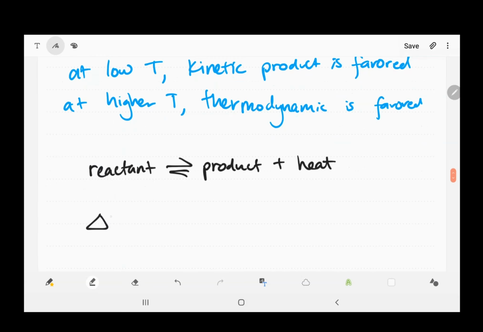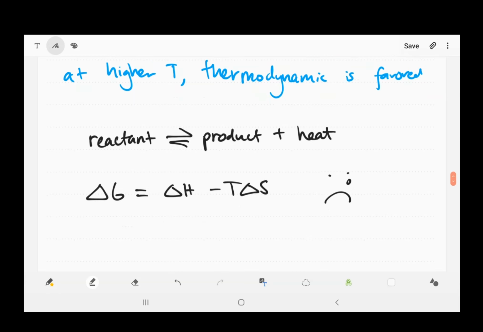Do you remember this? One of our favorite equations, Gibbs free energy. You thought you were done with that as well, didn't you? Unfortunately, we're not. So we can explain this kind of distribution in terms of free energy.